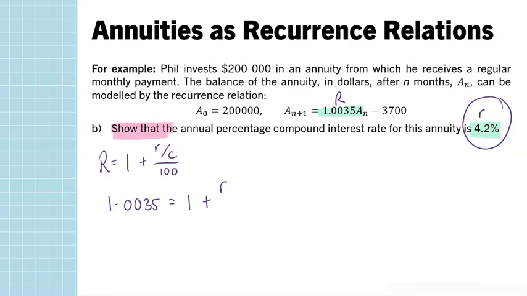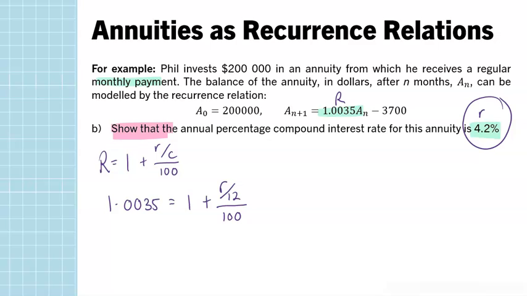Our number of compounding periods: we know that we are getting monthly repayments, which means our interest is also compounding monthly, so 12 times a year, and then all of that over 100. We need to do more than just simply state that value, so we want to start to undo this equation.